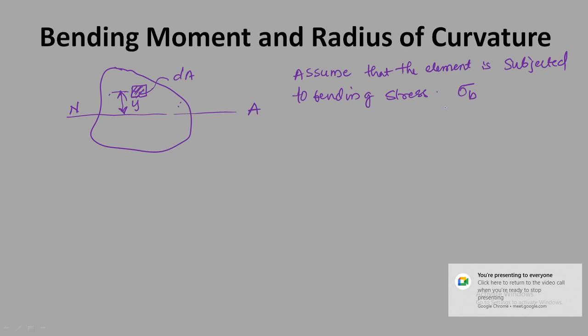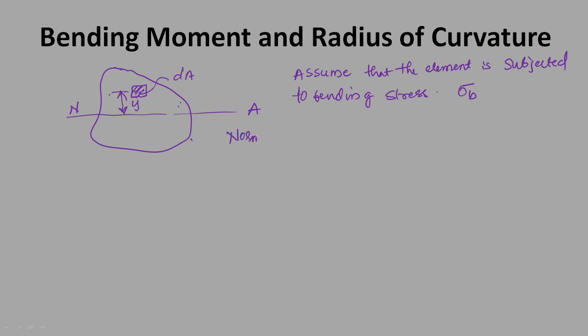Sigma b. Now let us find out the normal force which is going to act on this element dA due to the bending stress sigma b.